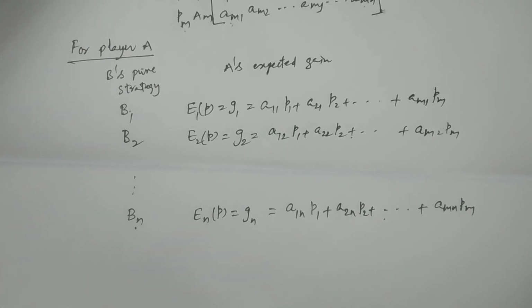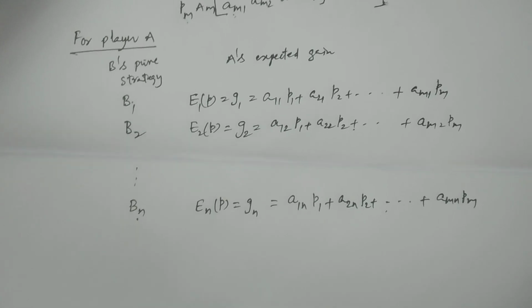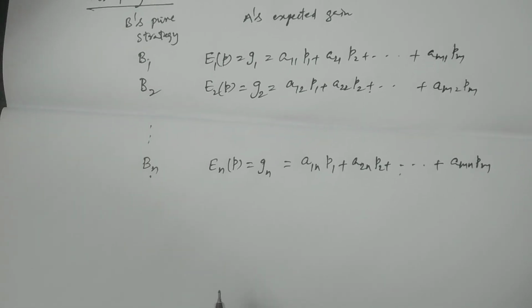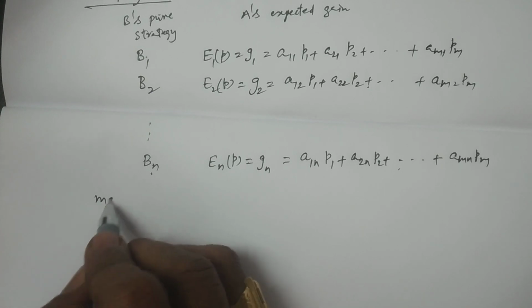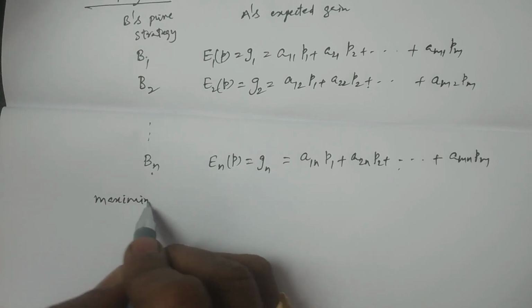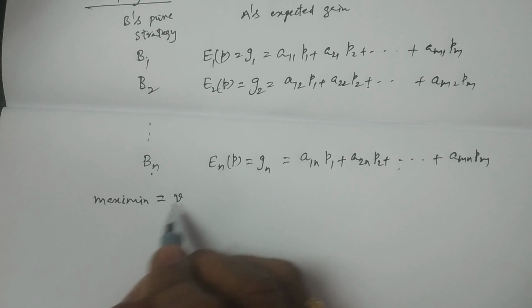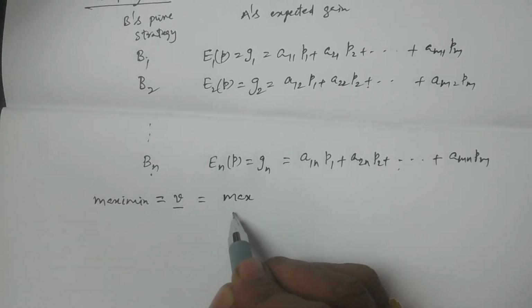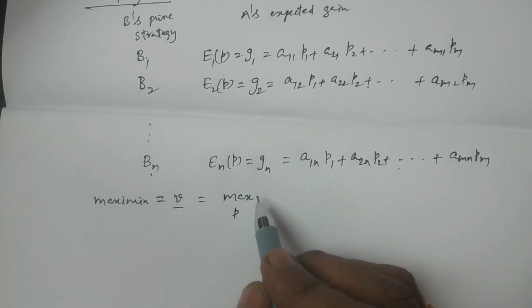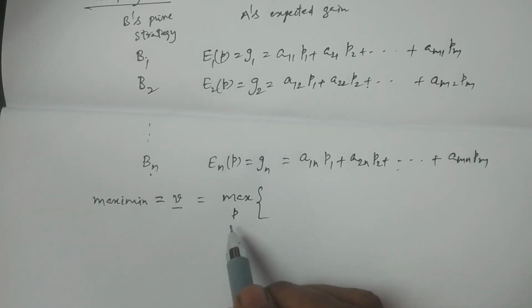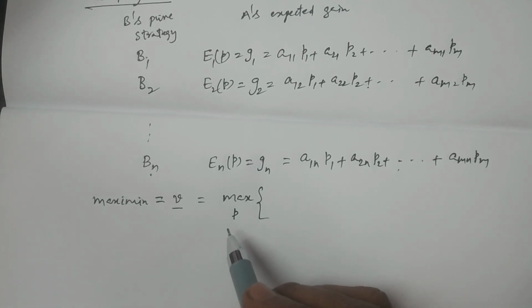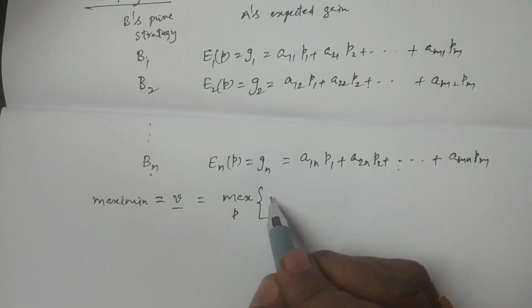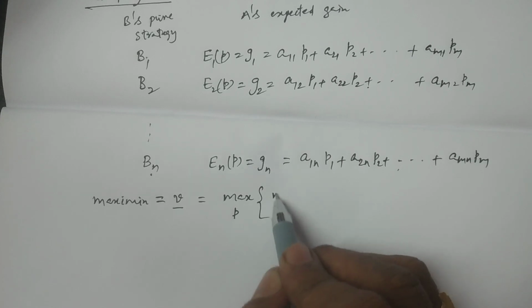So if you consider like that, the maximin value is denoted by mu underscore, which is the maximum over the probabilities Pi, i equal to 1, 2 and so on m, that player A selects such that it maximizes the minimum expected gains.